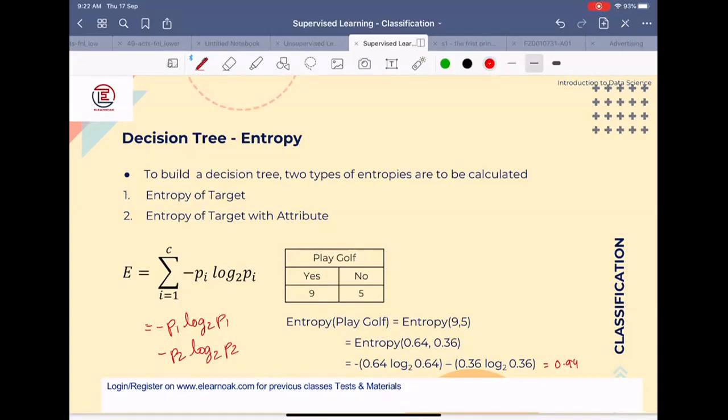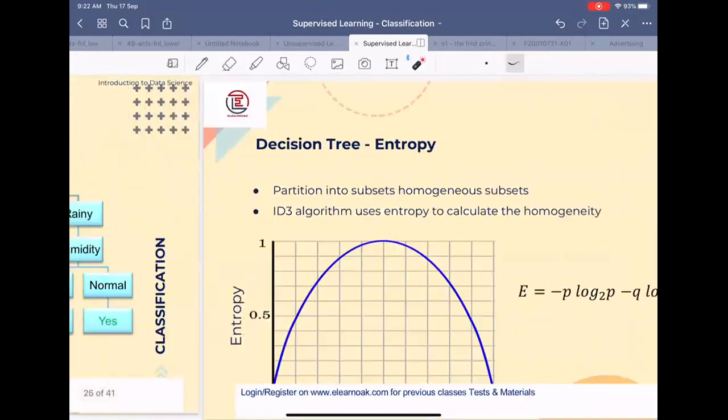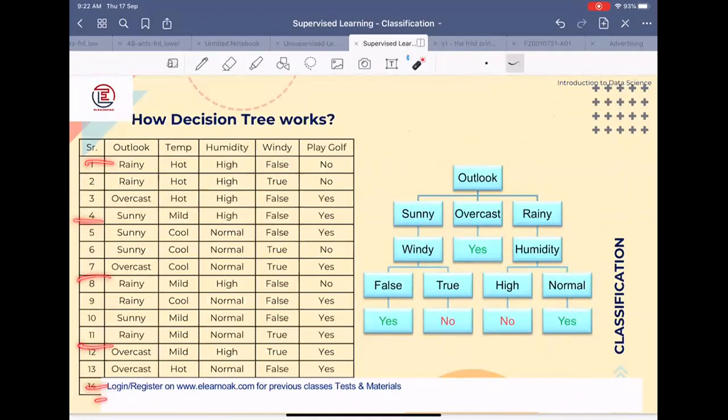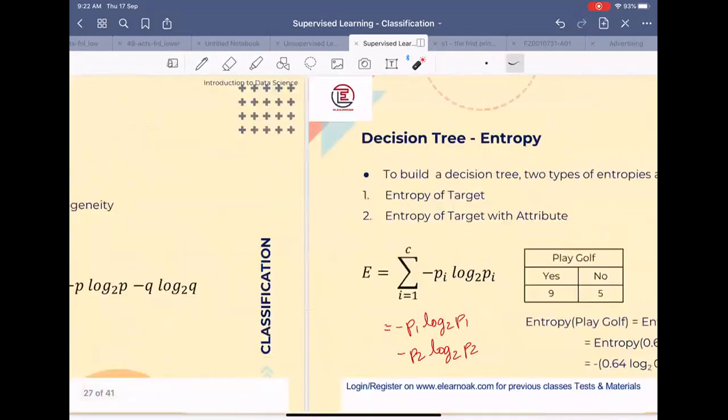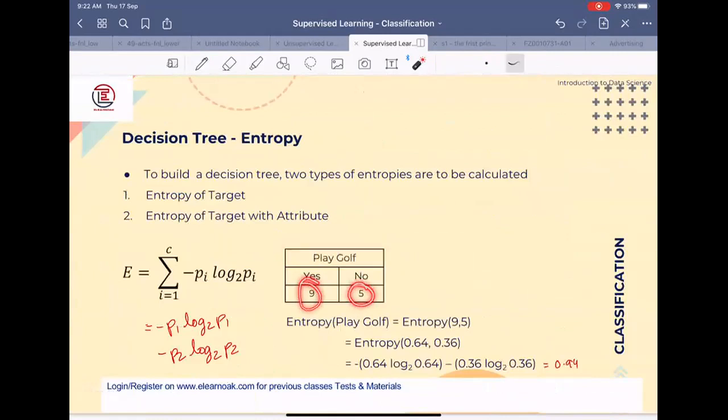If you look at your data of playing golf, we have 14 data points, of which we have 9 yes and 5 no. So we are trying to evaluate the entropy of the target variable.